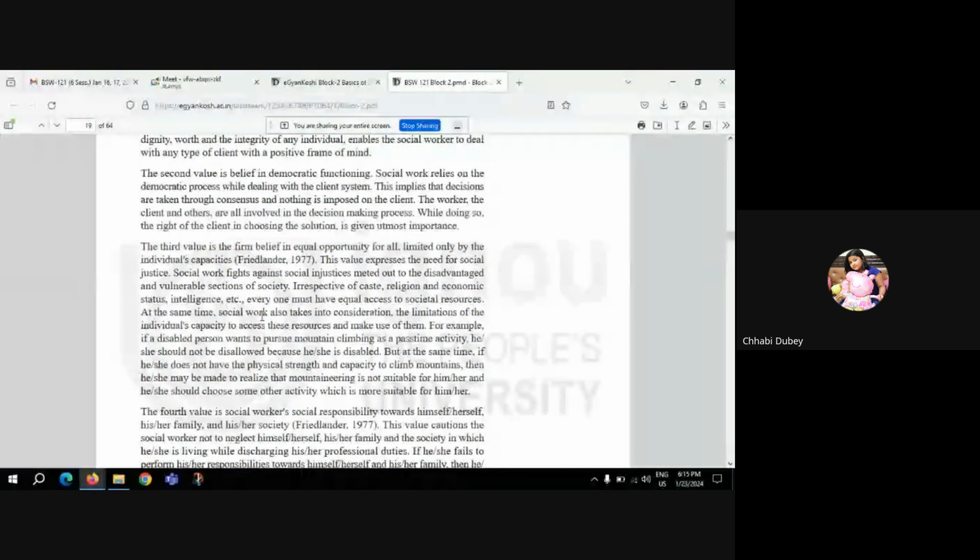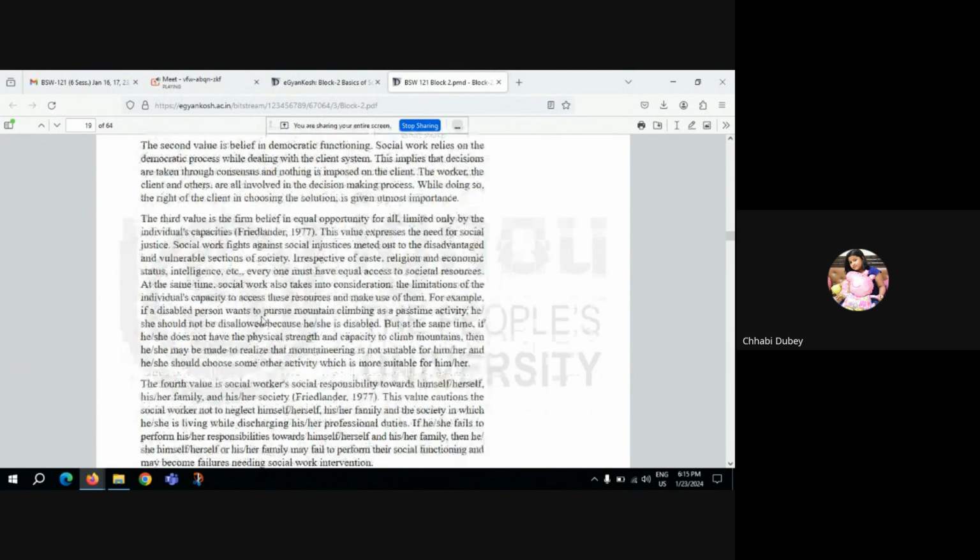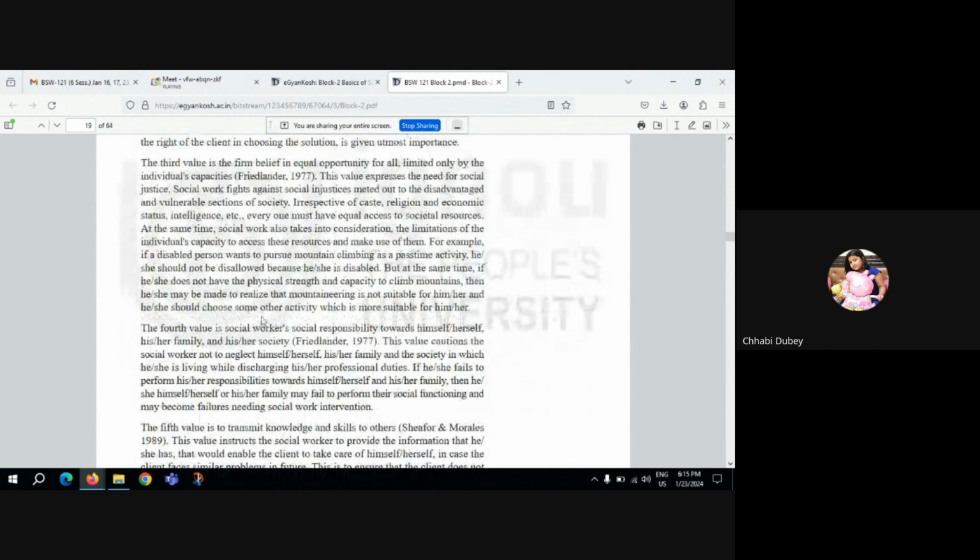Then we come to the next value, that is the responsibility of the social worker towards himself or herself, their family, and the society. We need to understand that we as social workers are not living in isolation. We are living as much a part of a society and of a family as any other individual. So we have a responsibility towards our family as well.